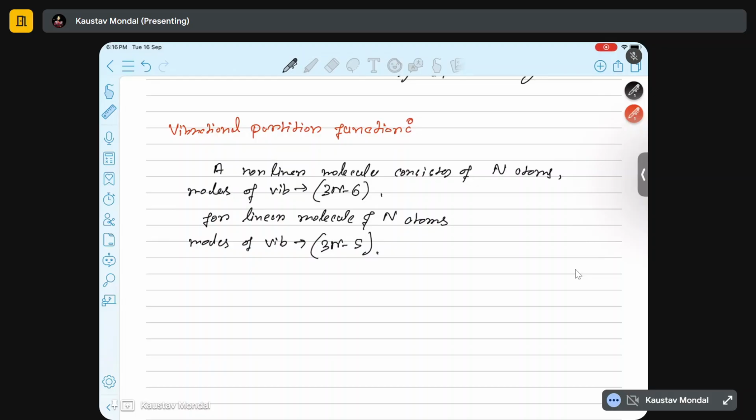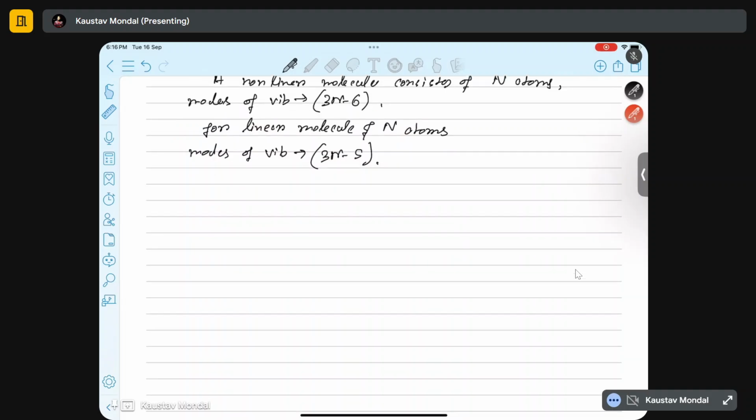The vibrational partition function depends upon the total number of modes of vibration. So the expression of the vibrational partition function QV can be written as QV1, QV2, up to the total number of vibrational modes.